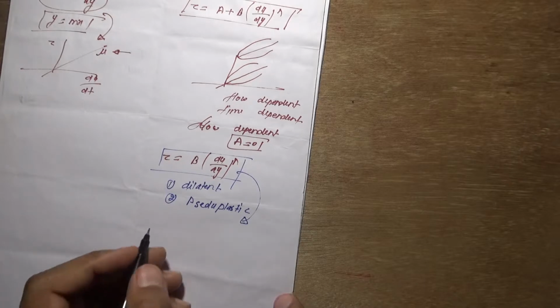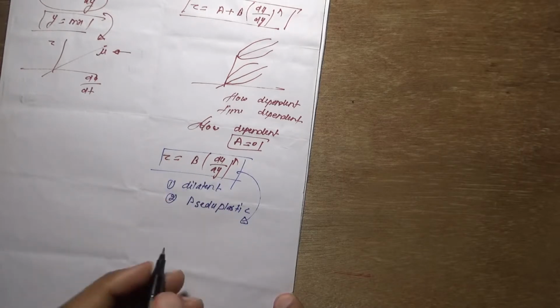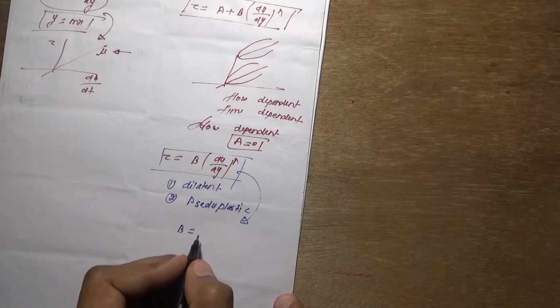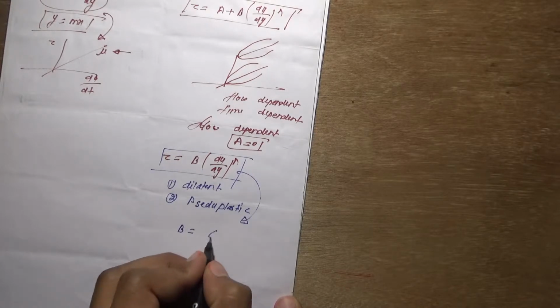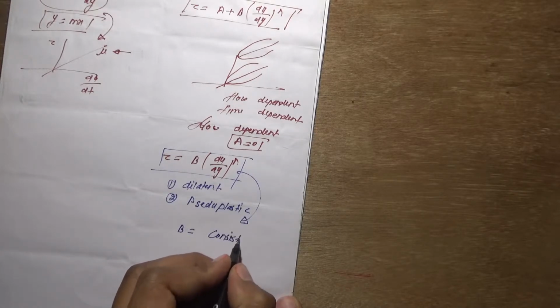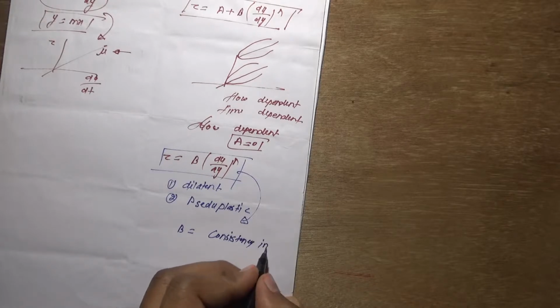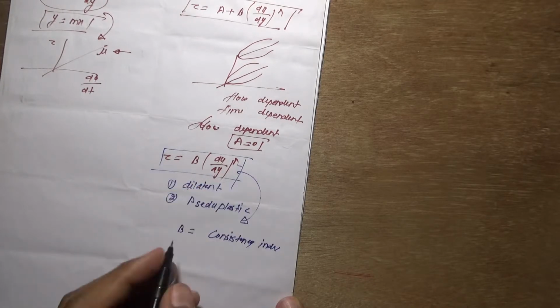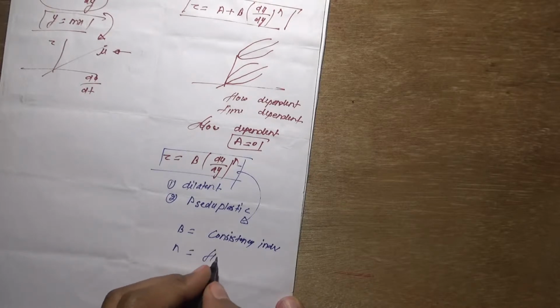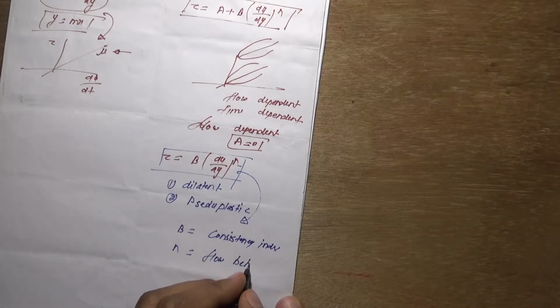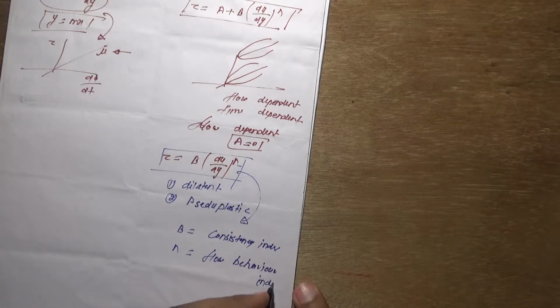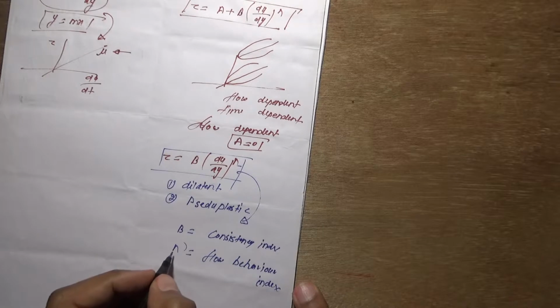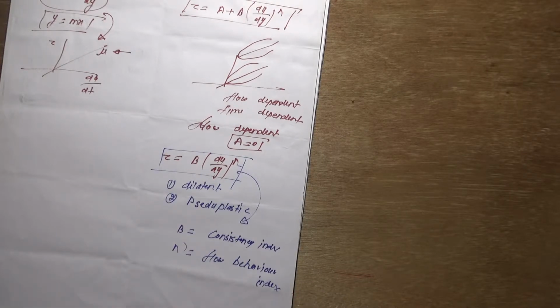If I expand this equation, what is b? b is known as the consistency index, and n is known as the flow behavior index. It decides the flow, because the value of viscosity depends on n.